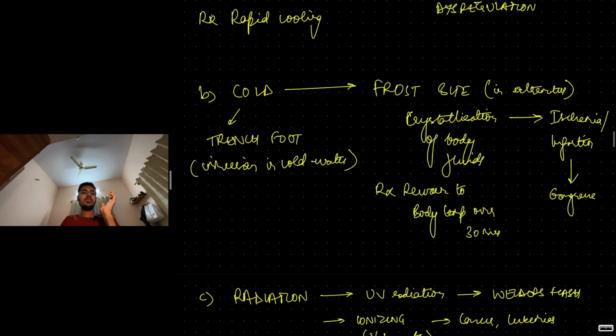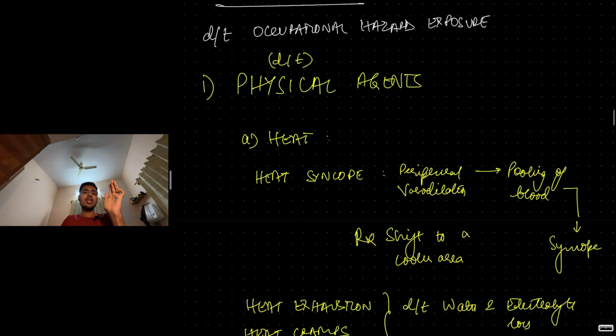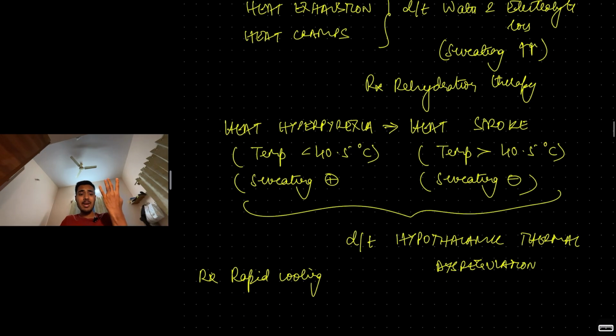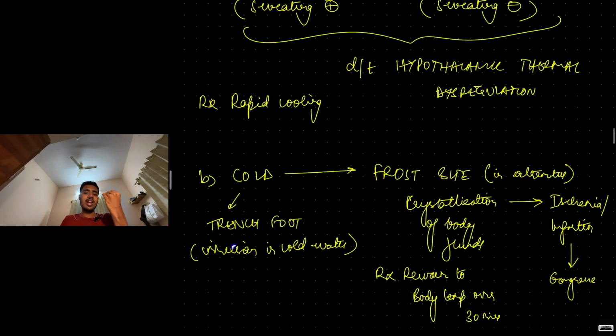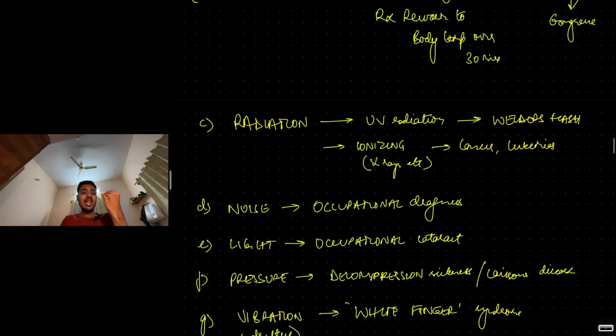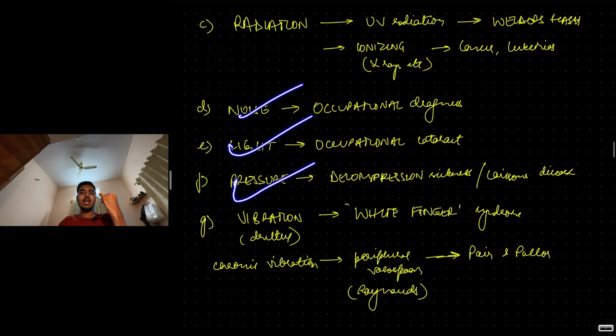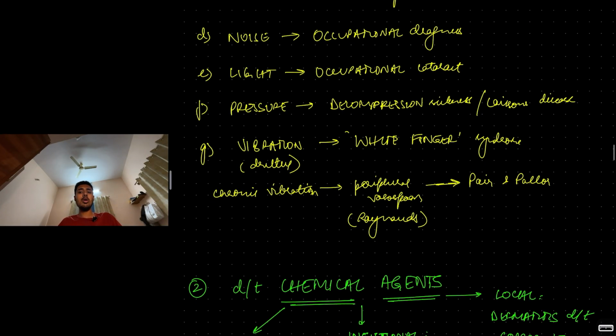So physical agents, you have heat syncope, heat exhaustion, heat cramps, heat hyperpyrexia, heat stroke. Cold, you have trench foot, frostbite. You have radiation, welder's flash, cancers, noise, deafness, light, cataract. Pressure, decompression disease, and vibration, that is chronic vibration leading to pain and pallor.